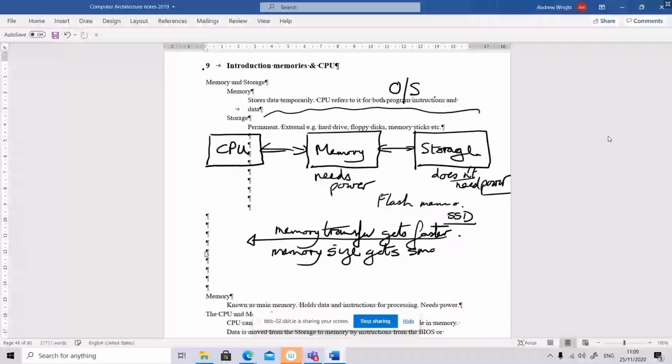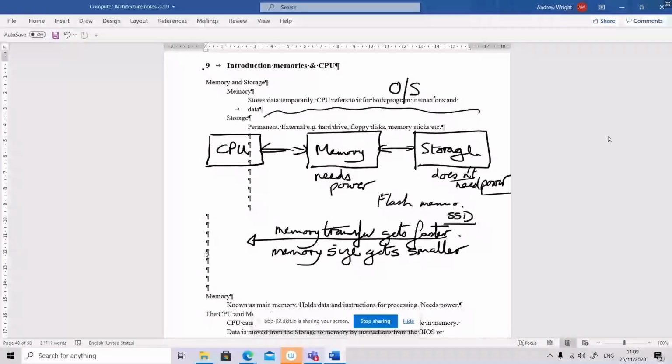So you're transferring smaller bits but faster. The size of memory going to the CPU is a lot smaller than with storage, where you can download whole chunks of data and put it into the memory, and that's all arranged by the operating system.